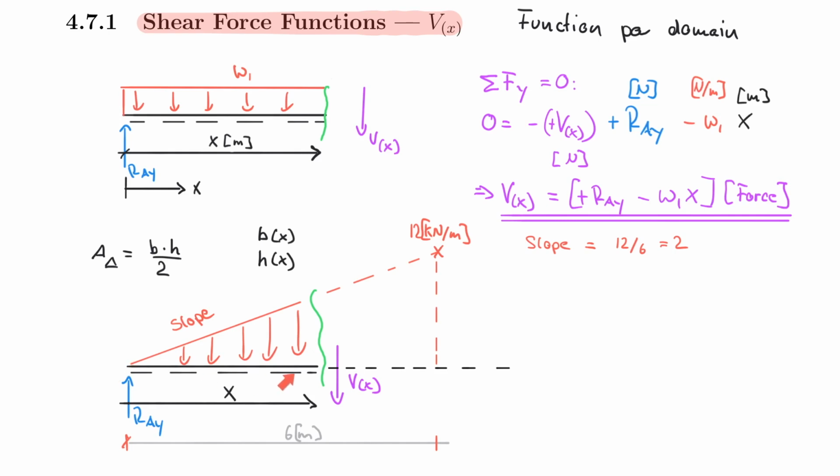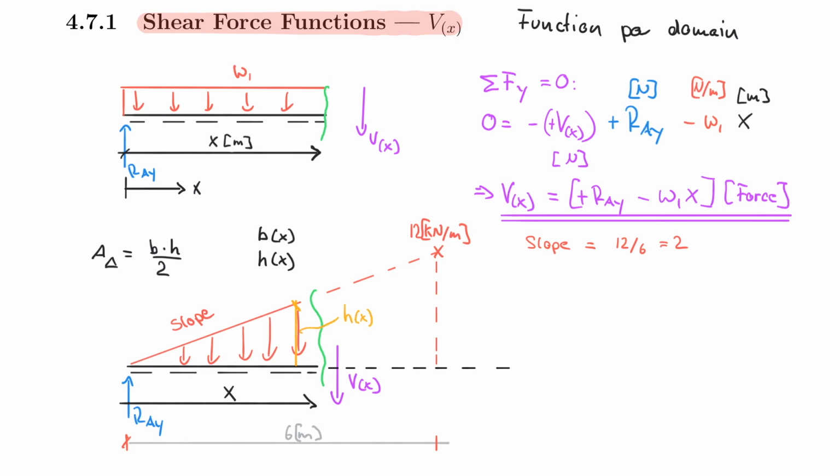And so at location x, we need to find the height. Let's actually introduce that into our drawing here, that I want to find the height at, let's say, x. So let's say this here is the height at x.